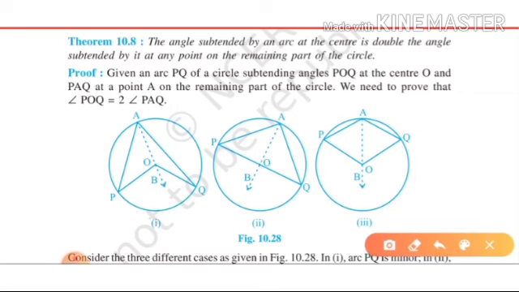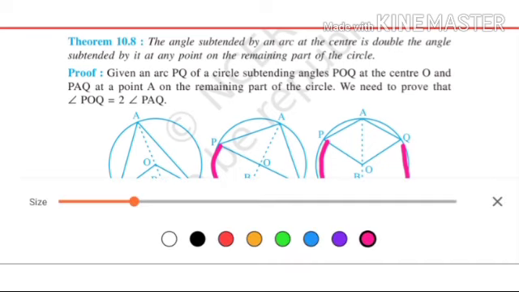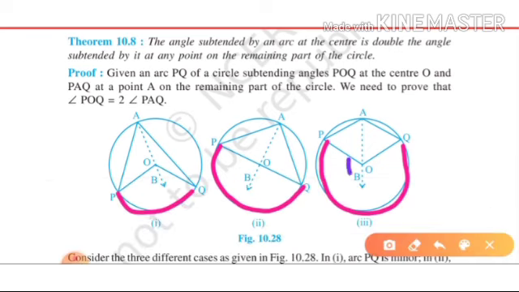Now if you look here, there are two arcs, this PAQ and this PQ. Here we are considering this PQ arc. It is the major arc. Now the angle will be this one.